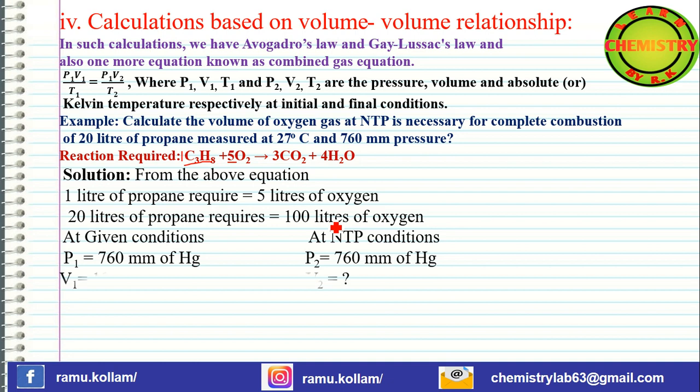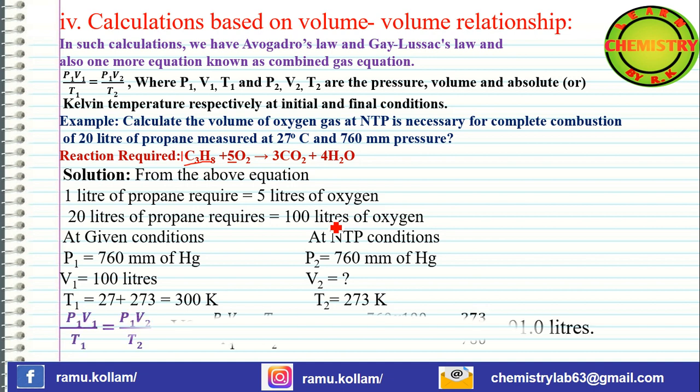Then V1 is equal to 100 liters. V2 we don't know. Then T1 is equal to 27 degrees Celsius, they have already given. To convert this into Kelvin we add 273, so 300 Kelvin. T2 is equal to 273, that is the normal temperature and pressure condition.